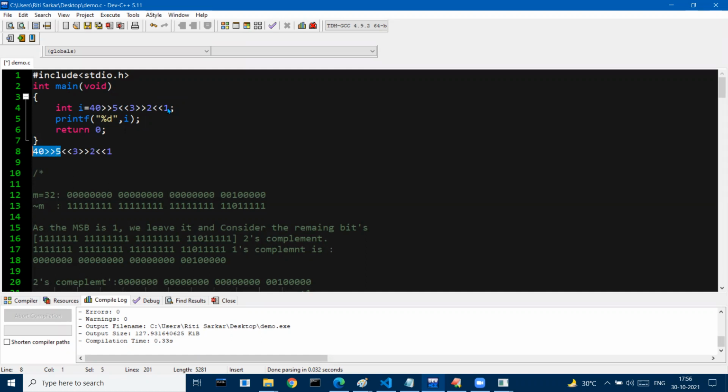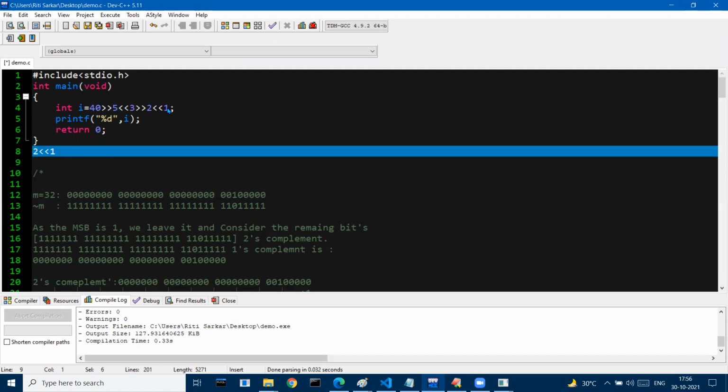What is the answer? 1. Okay. Next, 1 left shift by 3. 8. 8 right shift by 2. 2. 2 left shift by 1.